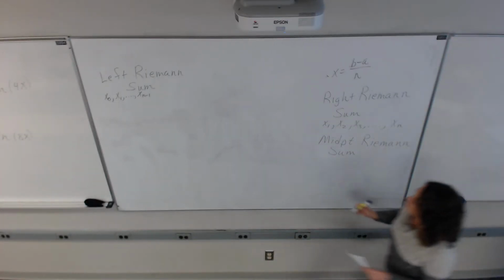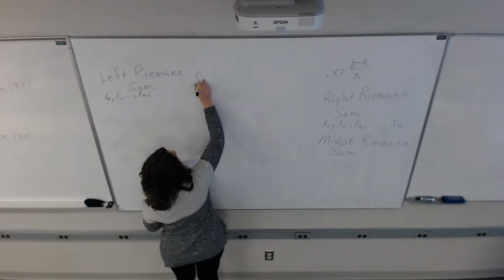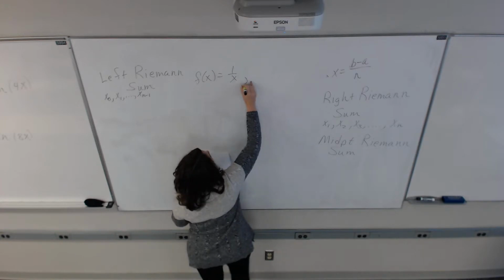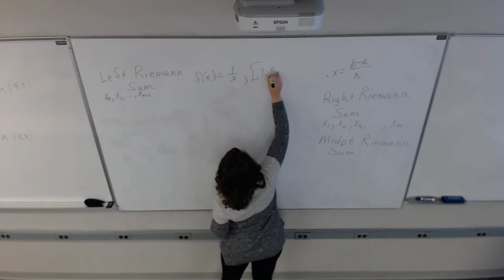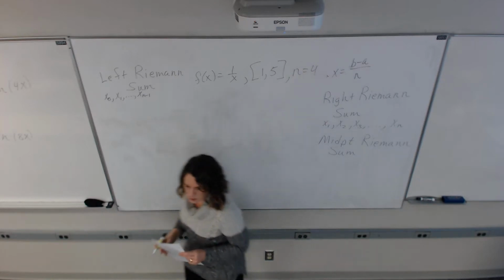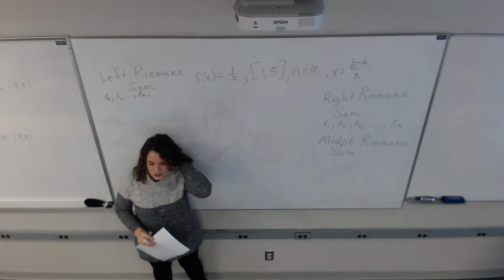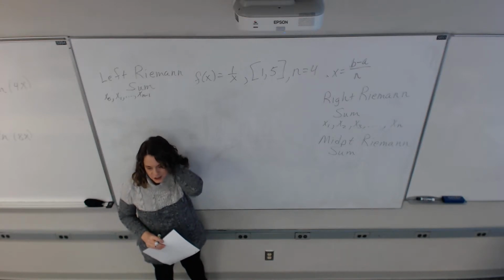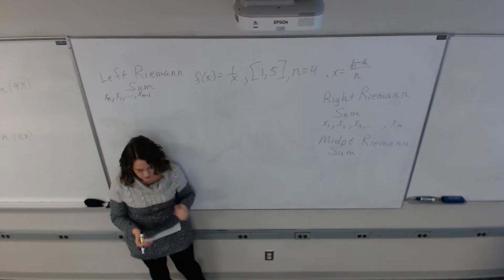So let's look at the function f of x equals 1 over x on the interval from 1 to 5. And to make it doable in a 1-hour class, we'll just take 4 boxes, all right? Because the more boxes you have, the more arithmetic you've got to do. It takes a lot of arithmetic.